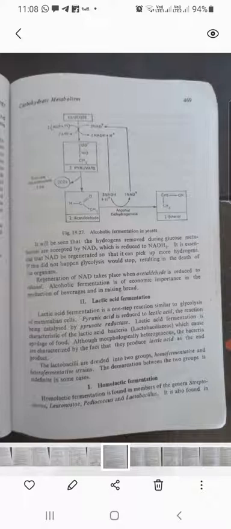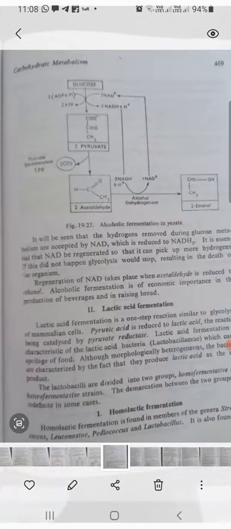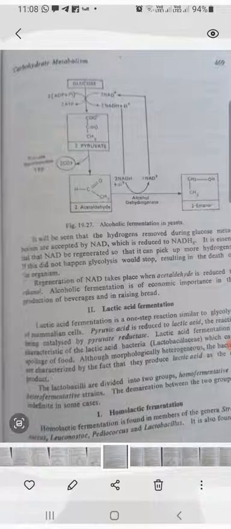Alcoholic fermentation is of economic importance in the production of beverages and the raising of bread. Here, if you observe, glucose is converted into pyruvate through the EMP pathway, where NAD is reduced to NADH2, that is, two hydrogen atoms. This reduced NADH2 is regenerated to NAD while acetaldehyde is converted into ethanol.